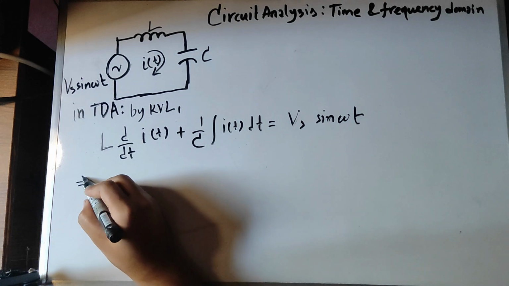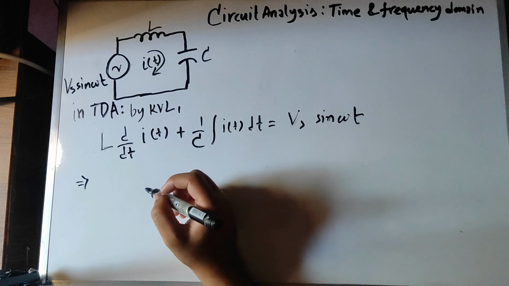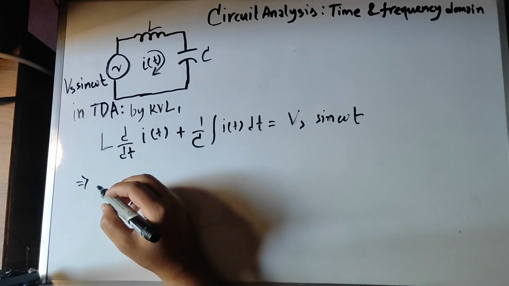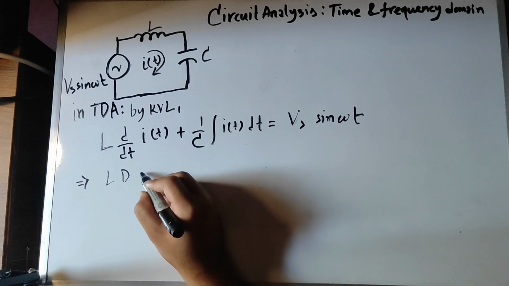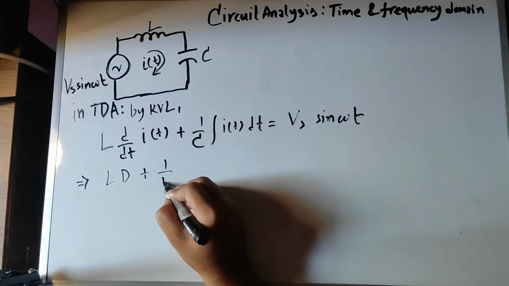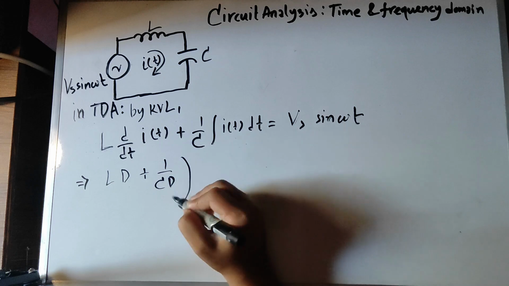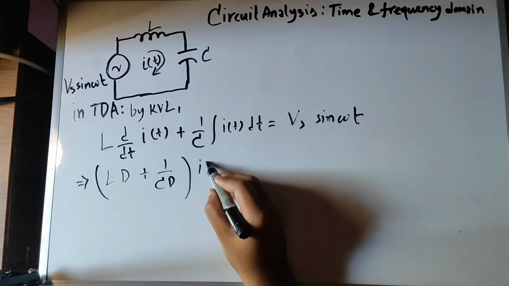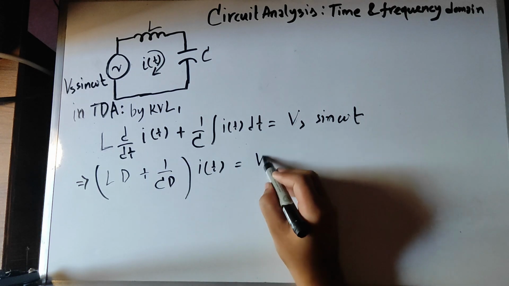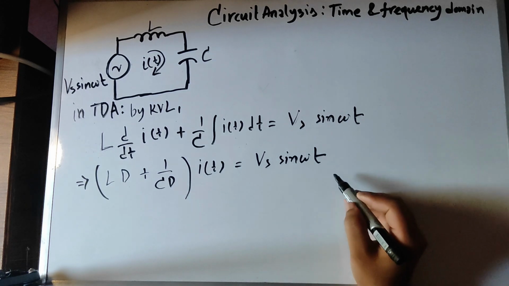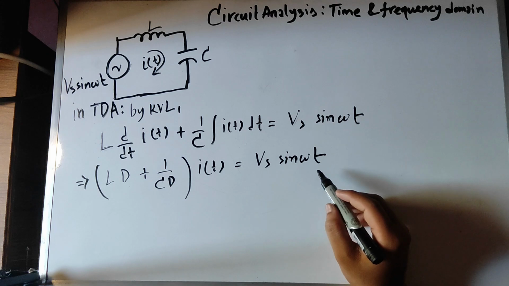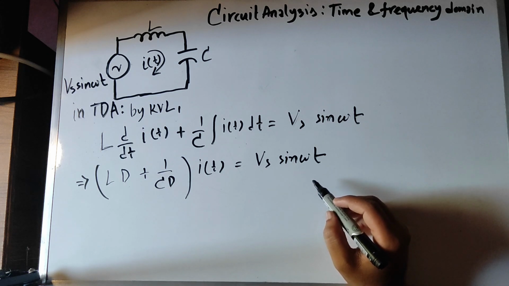If we rearrange this and replace the differentiation with the linear differential operator D, we get (LD plus 1 by CD) i(t) equals Vs sine omega t. Omega is the frequency of the input signal.